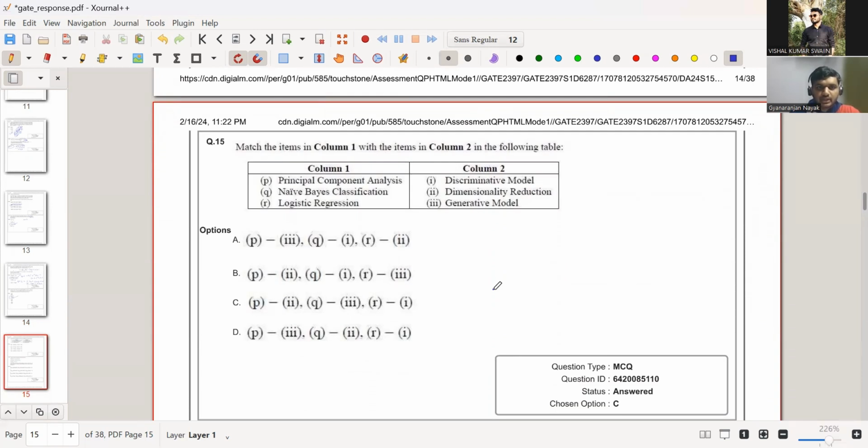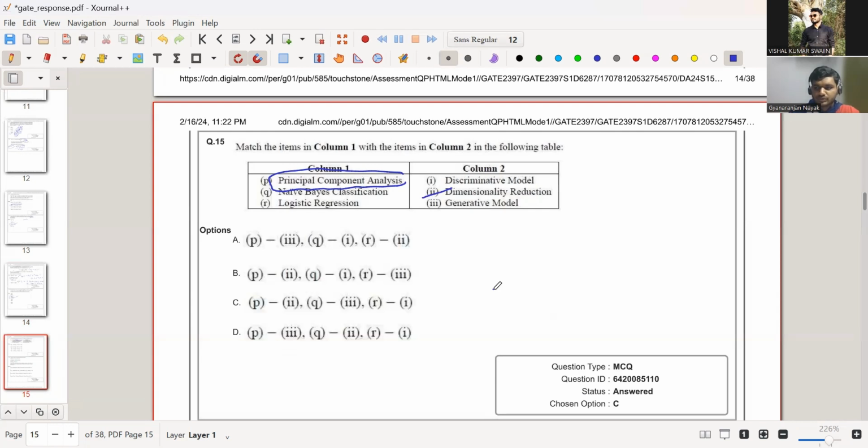Okay, match the items in column 1 with the items in column 2 in the following table. So first one is PCA, that is principal component analysis, which is used for dimensionality reduction.